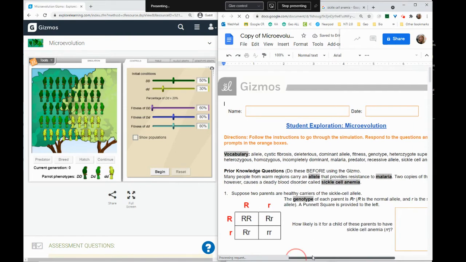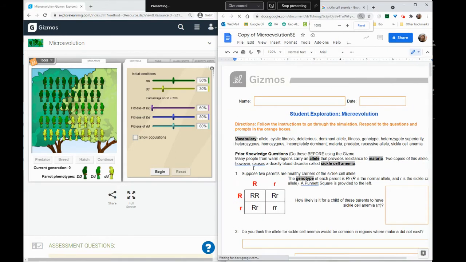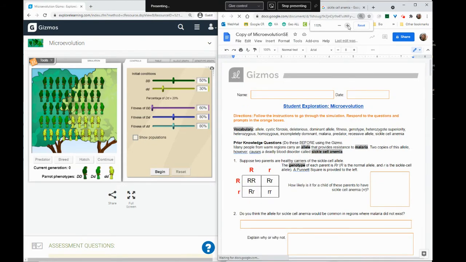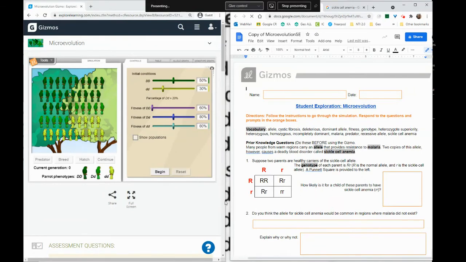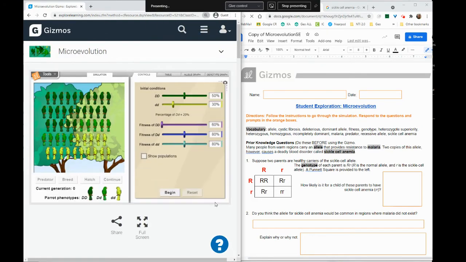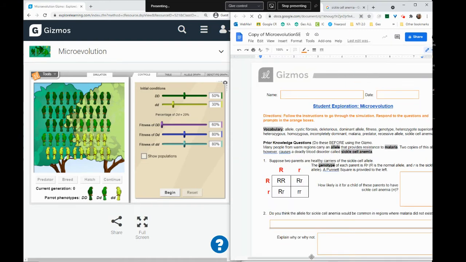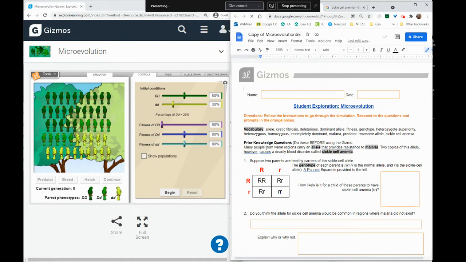Okay, so we'll start with a little bit of review. So we've talked a little bit about sickle cell anemia.